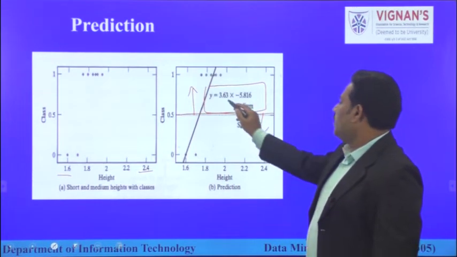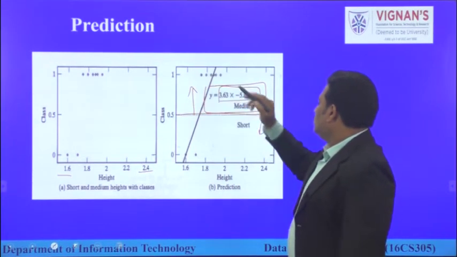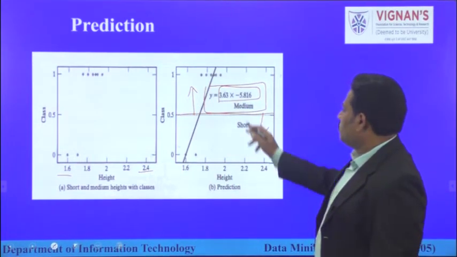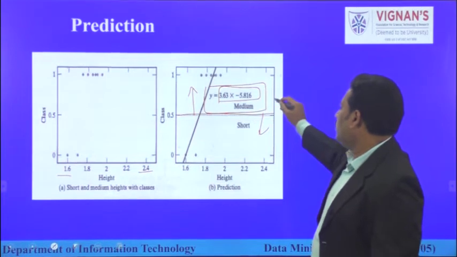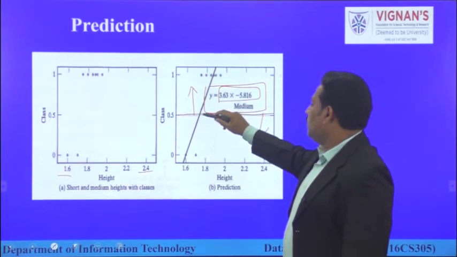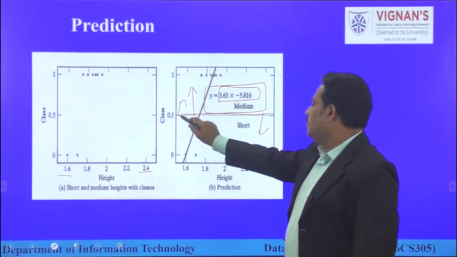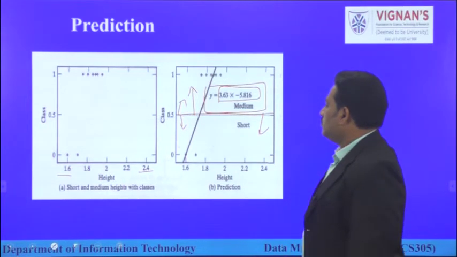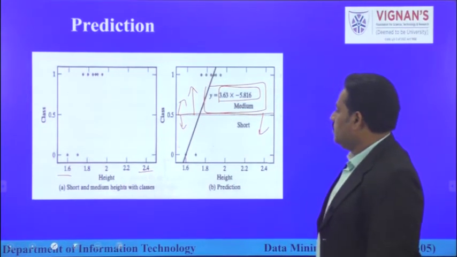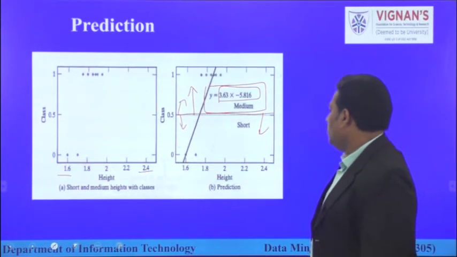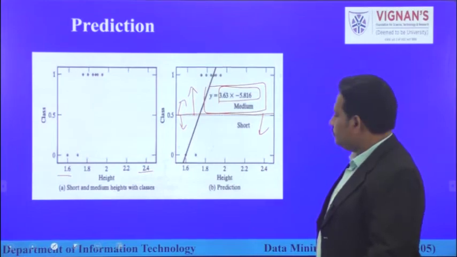We got values 3.63x into 5.816, that is y equal to mx plus c in format. If any value is above 0.5, we can say it is medium. If it is below 0.5, we can say it is class short, or you can say the class label called medium.